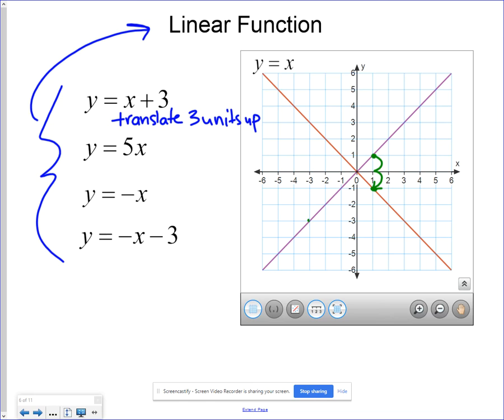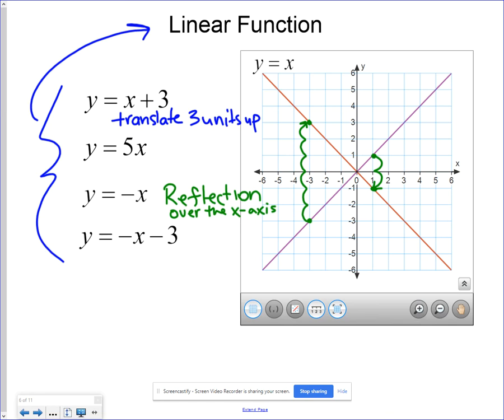If you look at this point right here, it's now up here. What this is an example of is a reflection. I'm reflecting the purple line over the x-axis. So that negative sign in front of the parent graph reflects it.